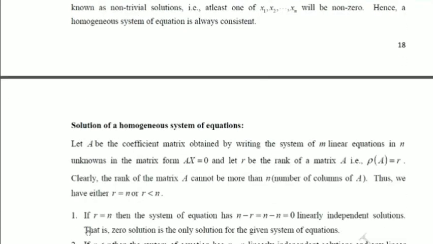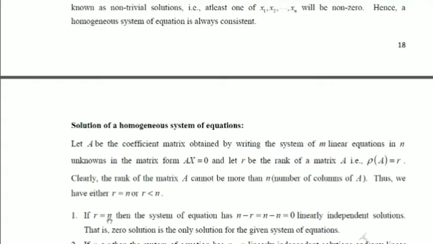Next, solution of a homogeneous system of equations. We knew from the above discussion that zero is one solution. Then how to verify whether the given homogeneous system has only the zero solution or other non-trivial solutions?